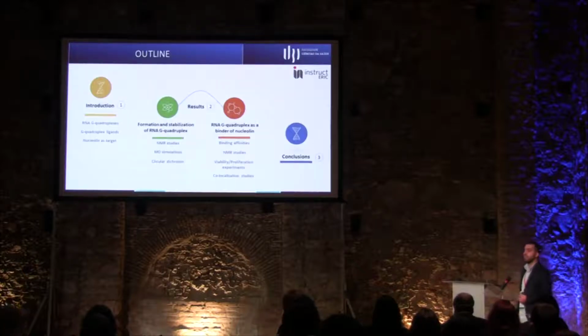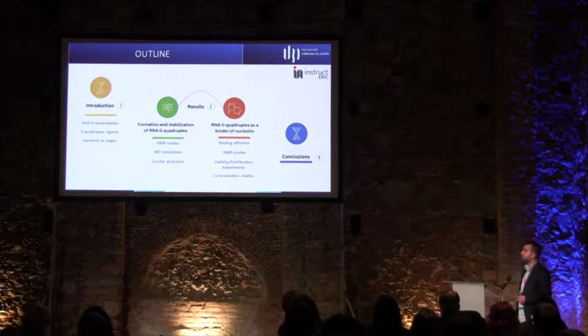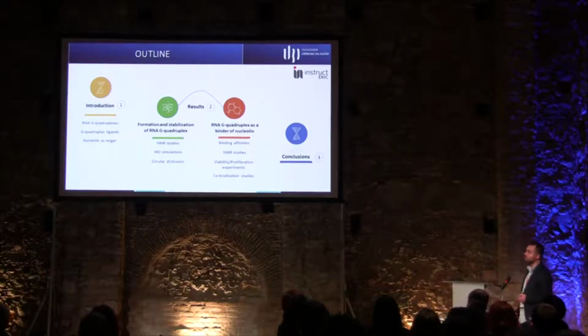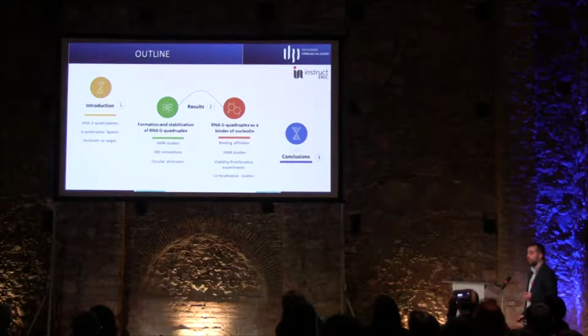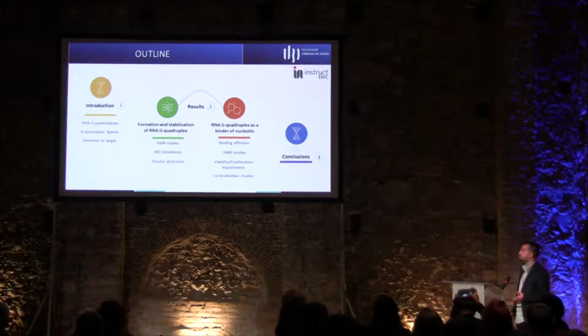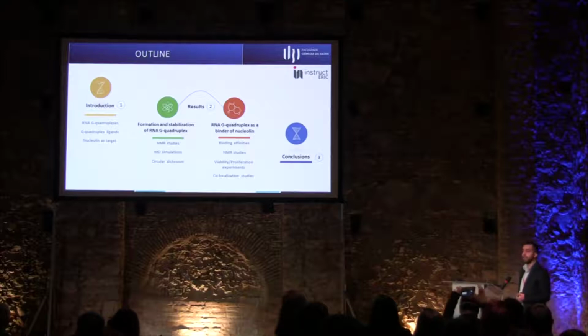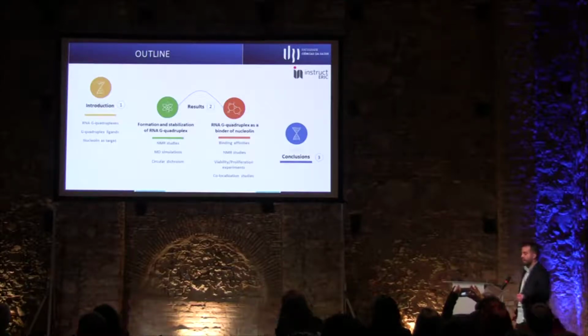My presentation is divided in the following way. In the first stage, I will talk a little bit about G-quadruplexes, their structure, function, binding and stabilization by small molecules that we usually call G-quadruplex ligands, and also their binding to nucleolin, a protein that is overexpressed in the surface of cancer cells.